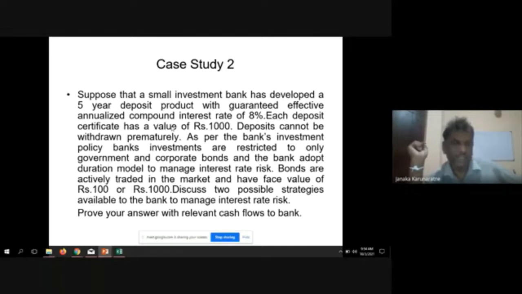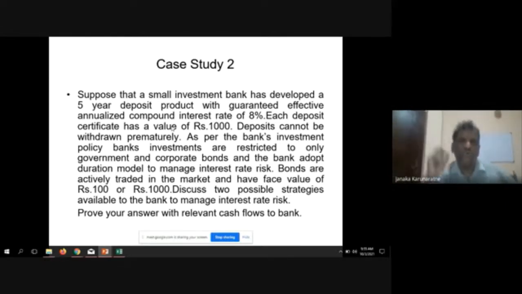Can you start working on that for about 10 minutes? So you can start working on it, and we will discuss and you can see whether you got at least one way. So you have to have a strategy. Now you are issuing a deposit product, 5-year.